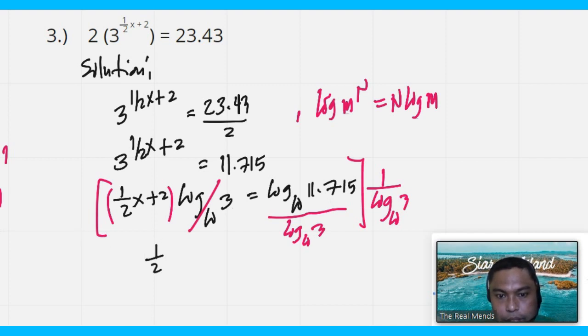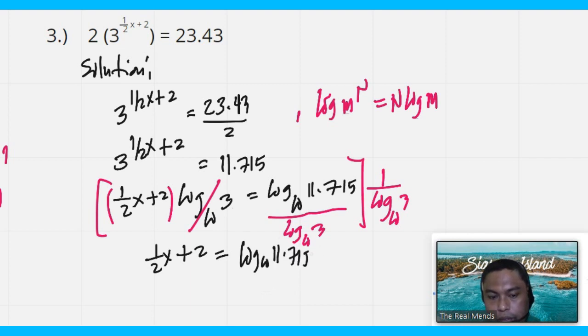So this is our next solution: 1 half x plus 2 is equal to log base 10 of 11.715 divided by log base 10 of 3.